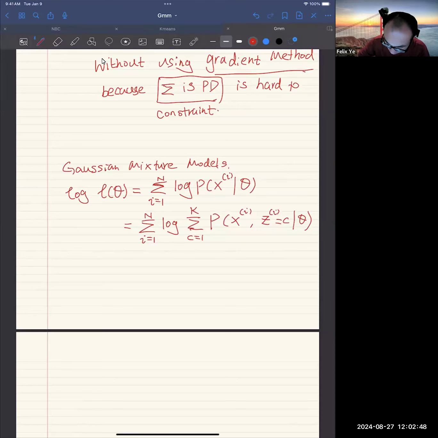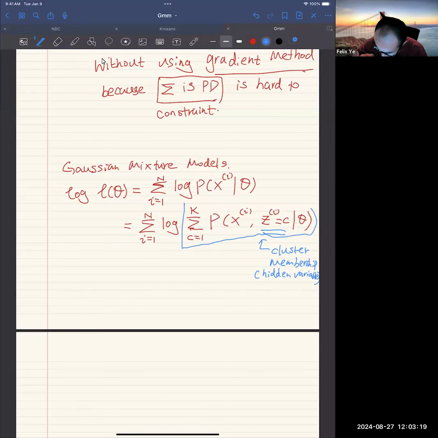So right here is the cluster membership, which is a hidden variable. That's how I've written out the likelihood.